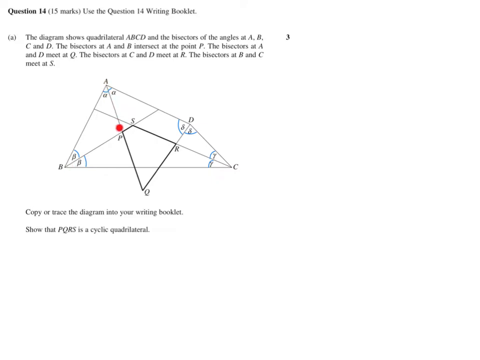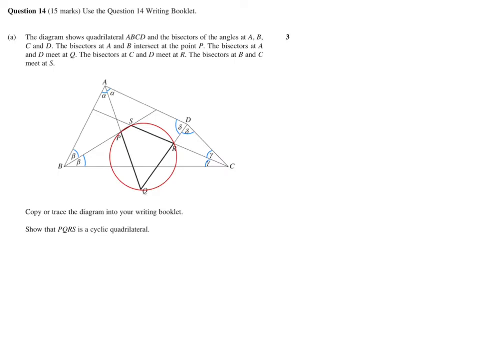Just like AQ is the angle bisector of angle A, and BS is the angle bisector of angle B. These two angle bisectors intersect at P. And similarly, we have intersections S, R, and Q. These four intersections form another quadrilateral. The question asks you to show that this quadrilateral is actually a cyclic quadrilateral.